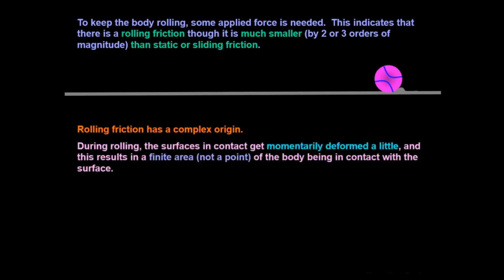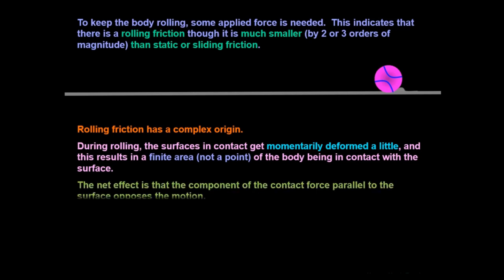Rolling friction has a complex origin, which means that it could deform the object momentarily, and because of that there will be an impact on the net area covered as well. So the net effect is that the component of the contact force parallel to the surface opposes the motion.